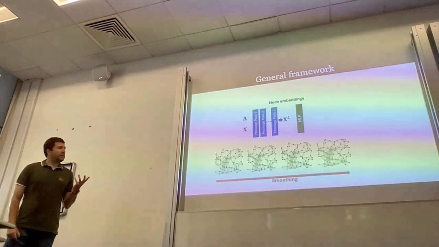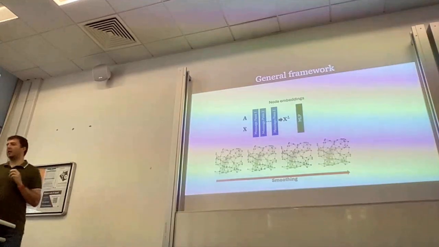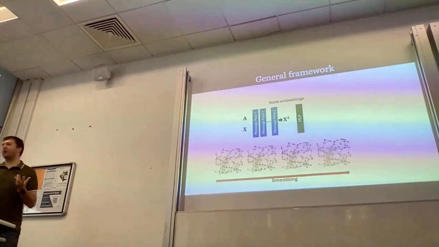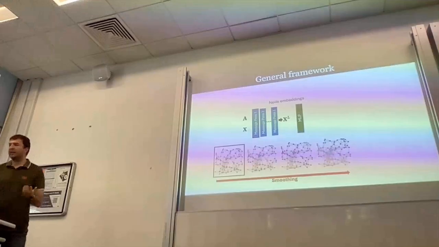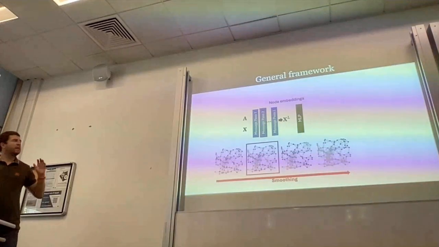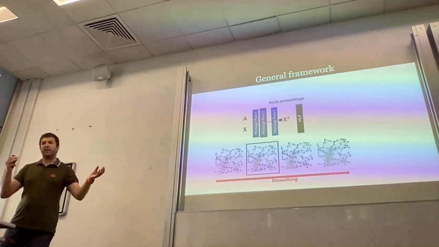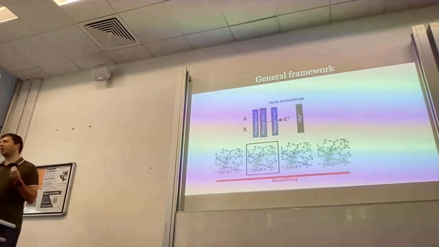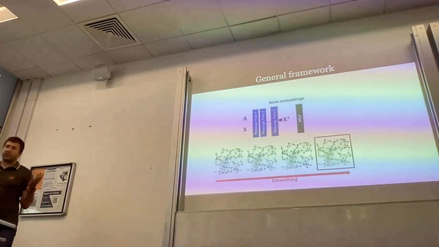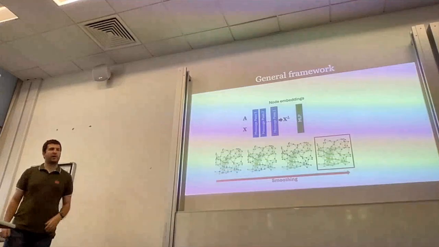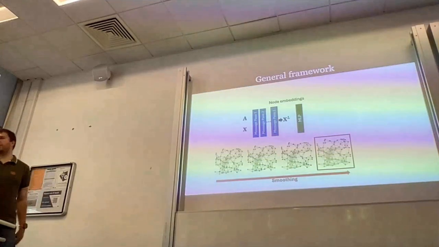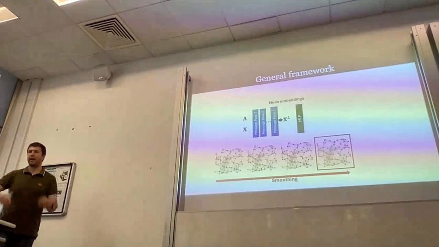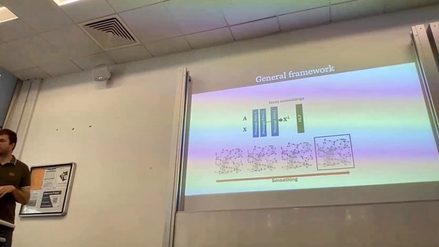Now, most message passing layers apply a sort of smoothing operation on the features, meaning that every message passing layer takes the node features and makes them more and more similar to those of the neighbors. Of course, there are also some message passing layers which are heterophilic, but now let's focus on those which are homophilic, so they combine things which are connected in the graph.